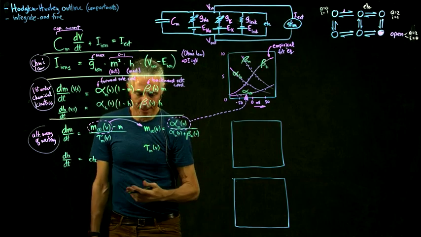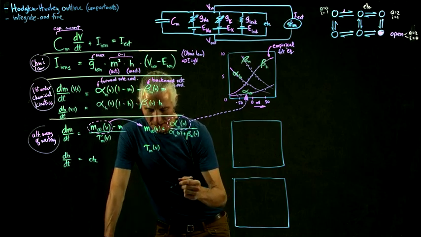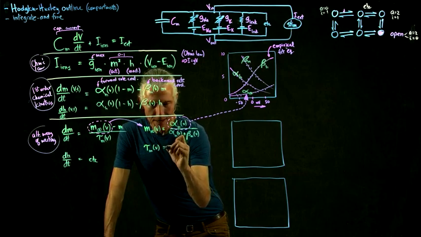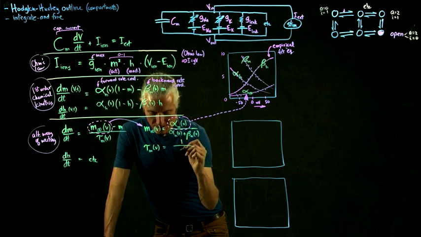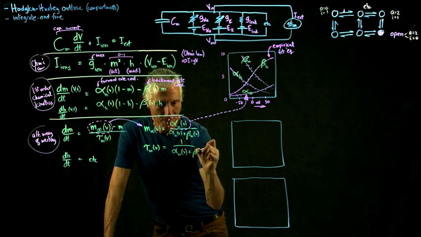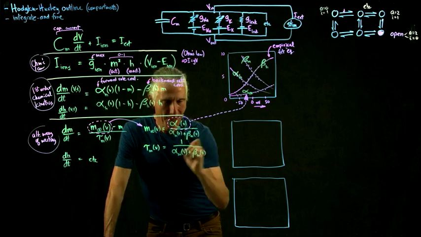So the time constant changes depending on what the voltage is. The equation for that is equal to 1 over the forward rate constant, which itself is voltage sensitive, plus the backward rate constant for the activation.